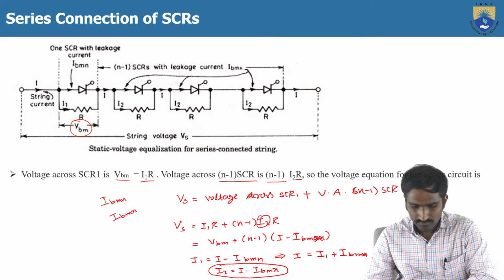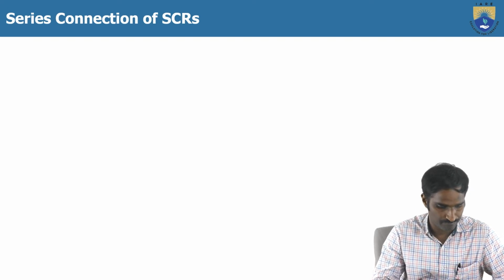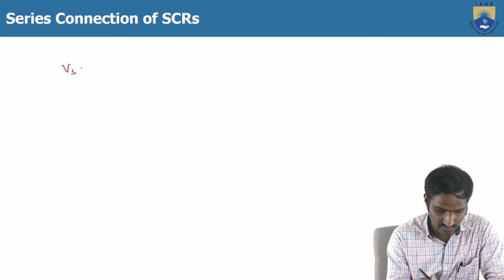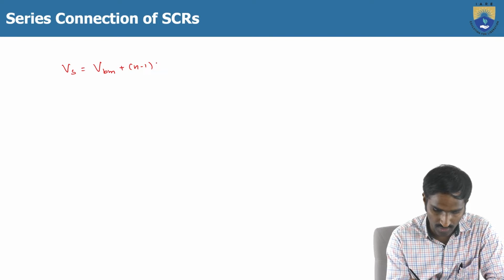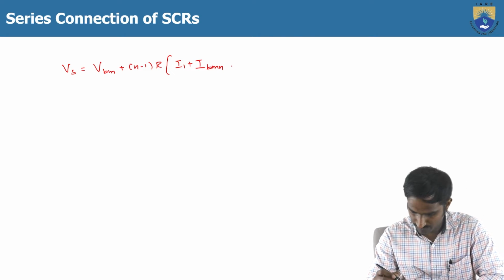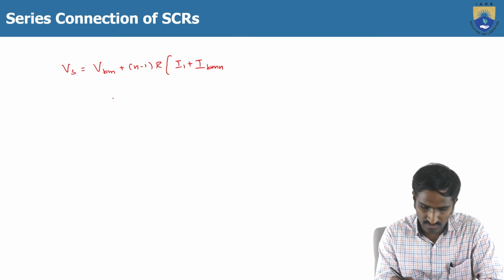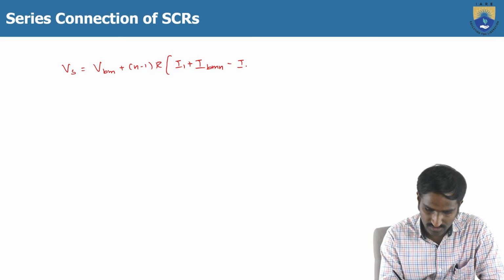Then in the next step, Vs will become VBM plus n-1 into R into I1 plus IBMN minus IBMX.